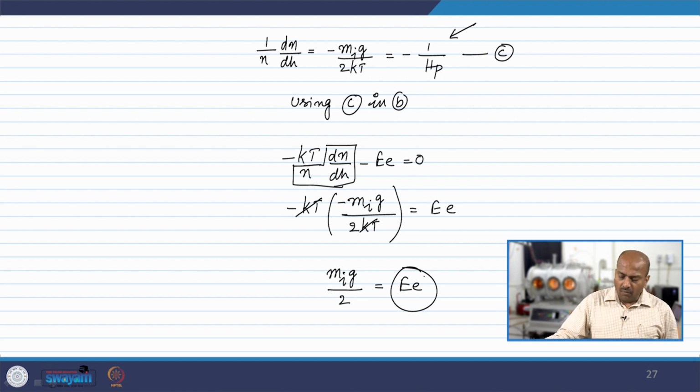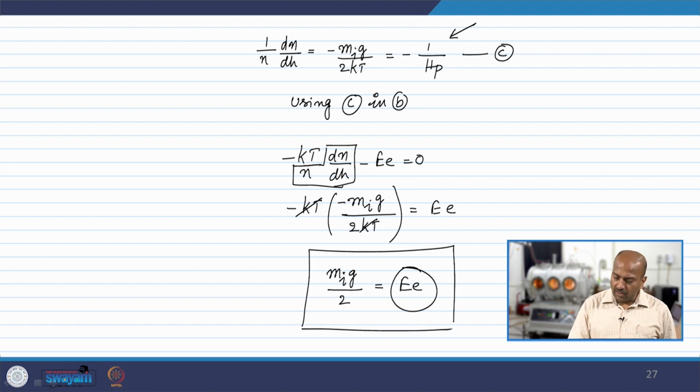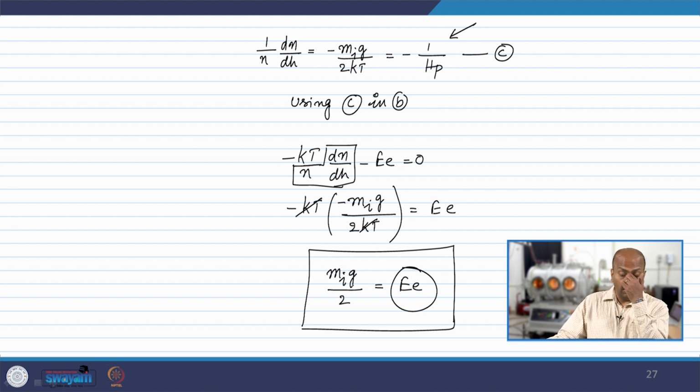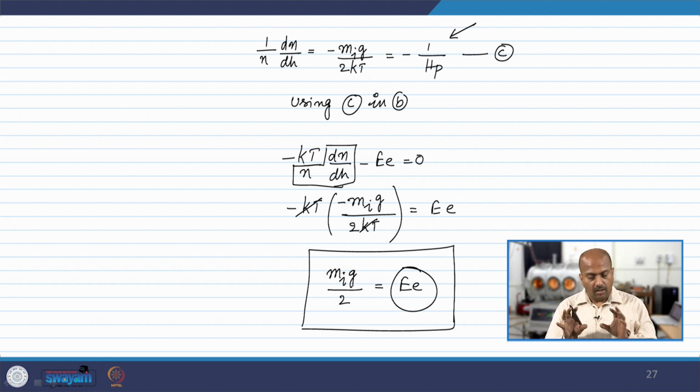Now we can look at this equation and understand one very important aspect. The electric field E acts on the electron with a force which is equal to half Mig, isn't it? This equation is the one we picked for the electrons. It appears as if the force on the right hand side is half the mass of the ion times the gravitational pull.